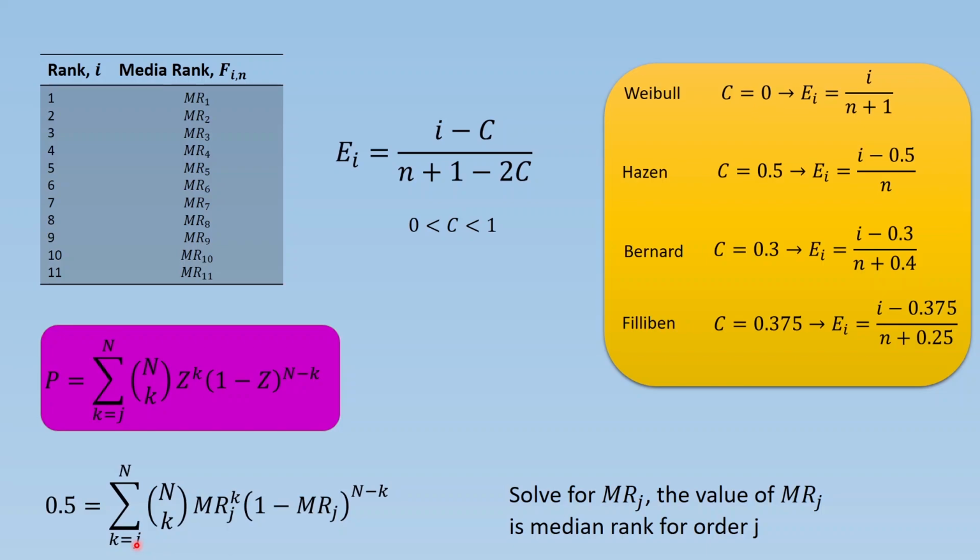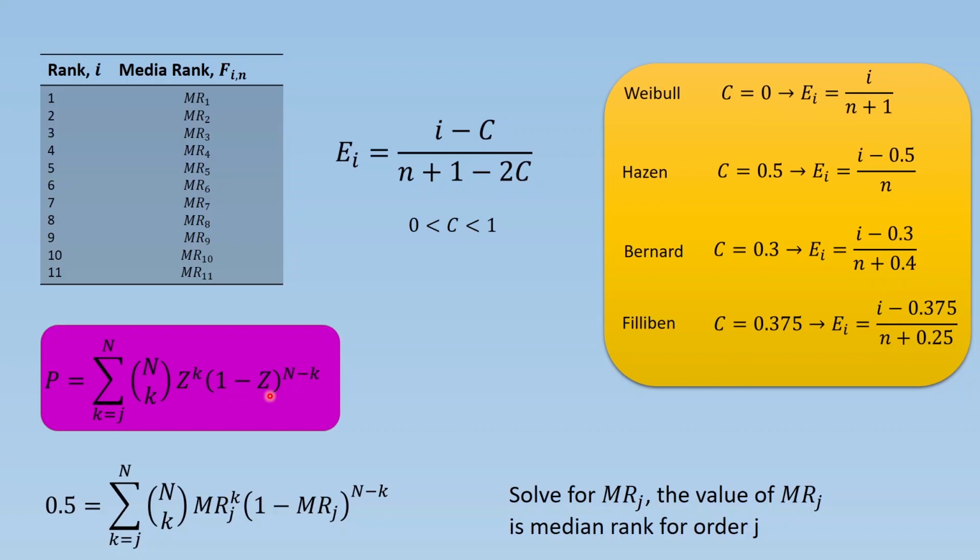For example, if you want to find the median rank for sample 1, you put J1, and then you calculate the summation, and you solve this polynomial. There will be a summation of polynomials equal to 0.5. And when you solve it, you get the median rank for the first sample. And if you want to find the median rank for the second sample, you put J2. Again, you sum them equal to 50%, and you solve it, you get the median rank for the second sample.